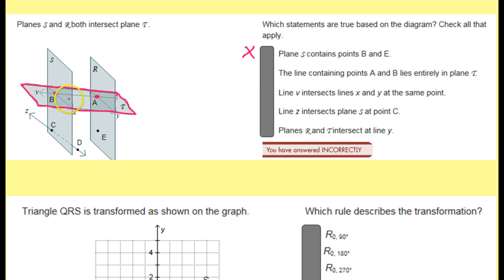Alright, hopefully you can see that points A and B are sitting on that plane. And so any line that's going to go through those points is also going to be sitting on that plane, like sitting on that table. So that's true.